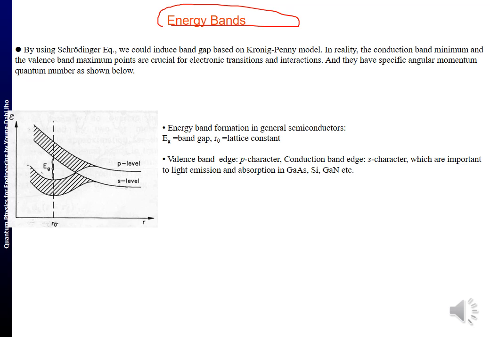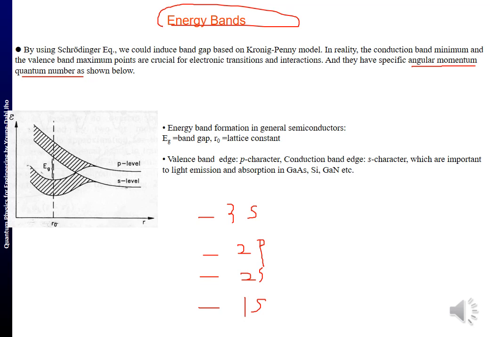You will study the angular momentum quantum number later on. Roughly speaking, previously we see 1s, 2s, 2p, 3s for isolated atoms.